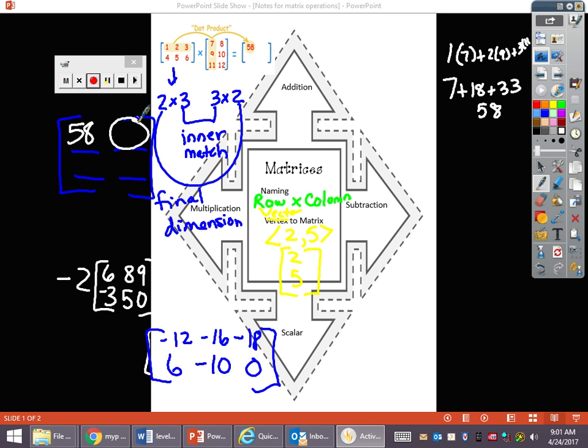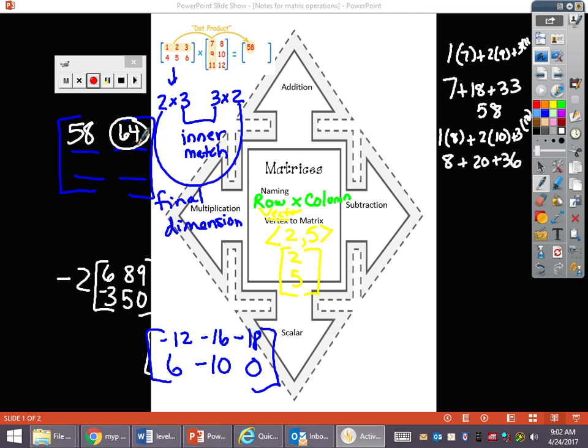So that's going to be 1 times 8 plus 2 times 10 plus 3 times 12. So 8 plus 20 plus 36, which is 64.